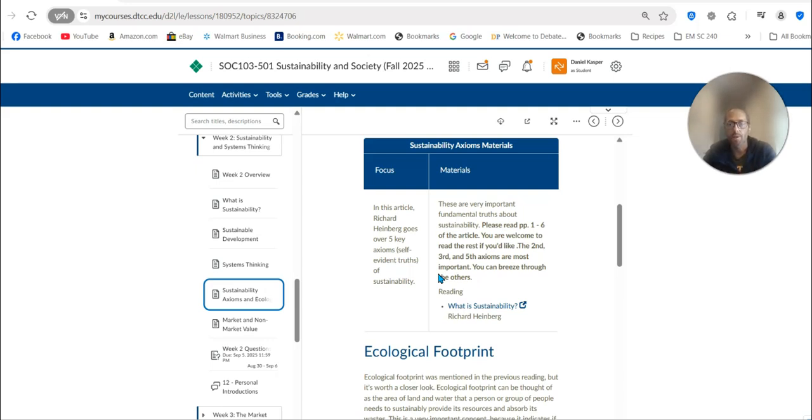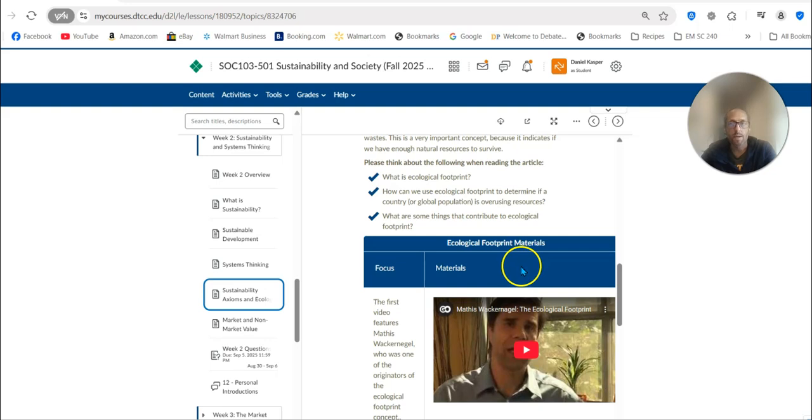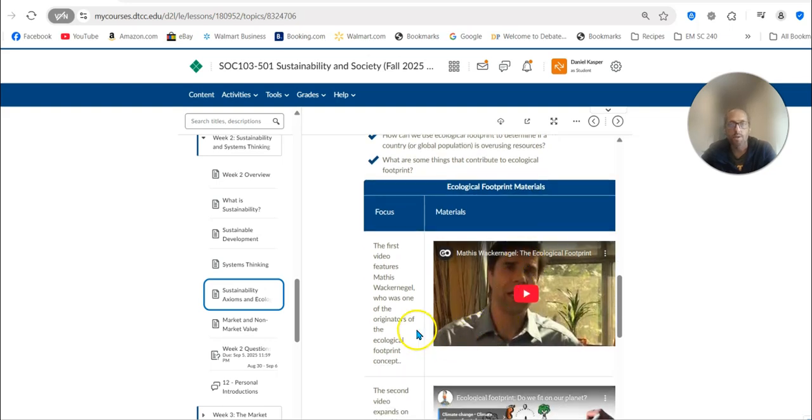So we cannot use resources any faster than they are being replenished. Fundamentally self-evident axioms. And then we'll talk about ecological footprint, which is a really helpful way to think about natural resource management. So the physical side of sustainability.